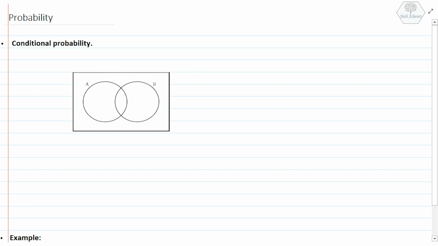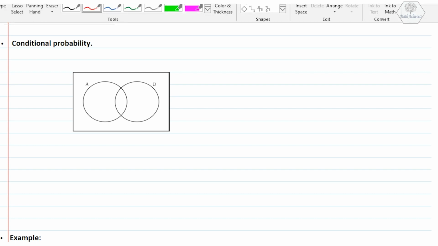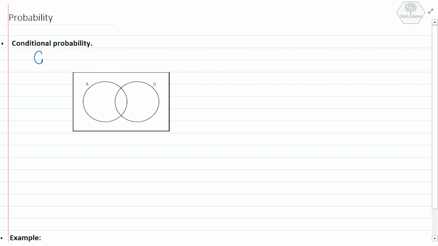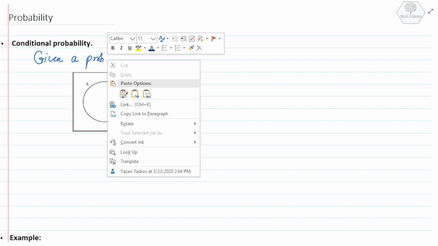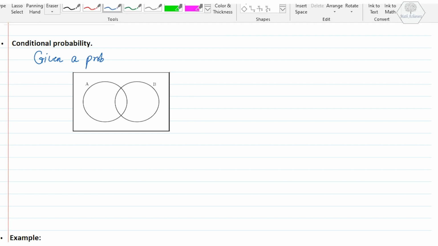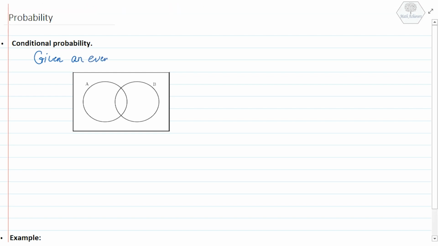Conditional probability is always about when I say given a probability B, given an event B happening, find the probability that A happens as well.